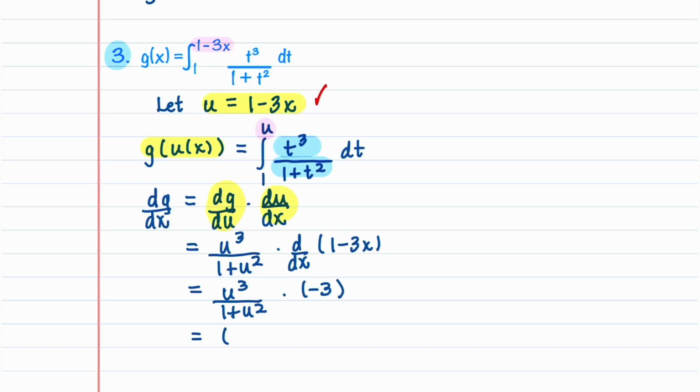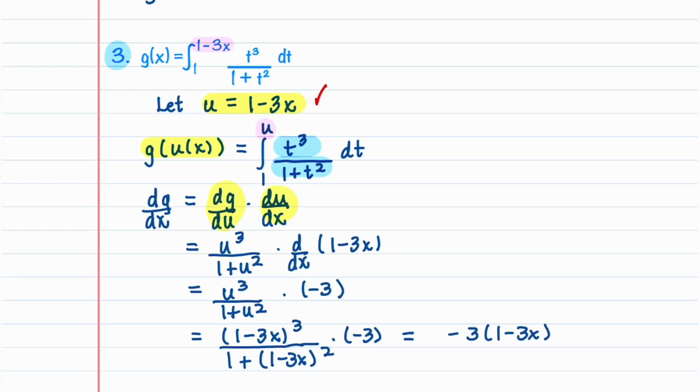This gives us the quantity 1 minus 3x cubed, all divided by 1 plus the quantity 1 minus 3x squared, times minus 3. And let's rewrite this as minus 3 times the quantity 1 minus 3x cubed, all divided by 1 plus the quantity 1 minus 3x squared. And there's our final answer.